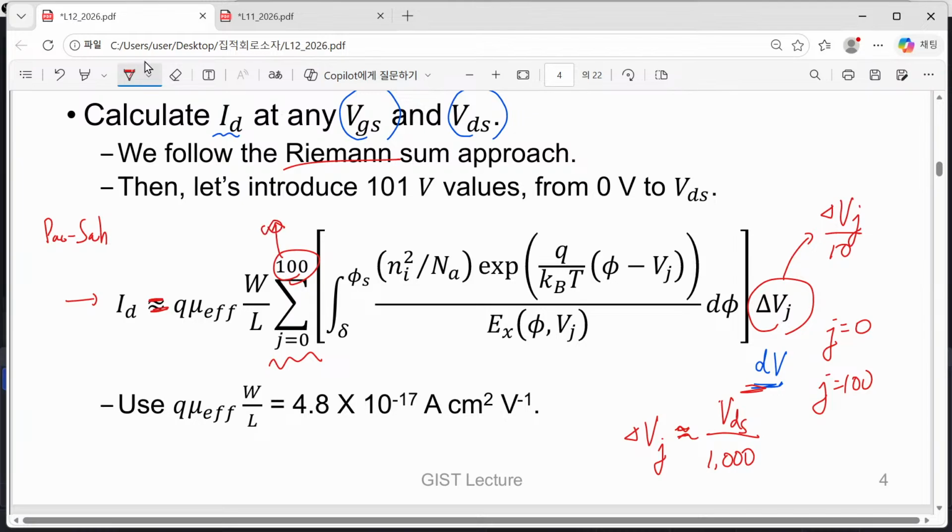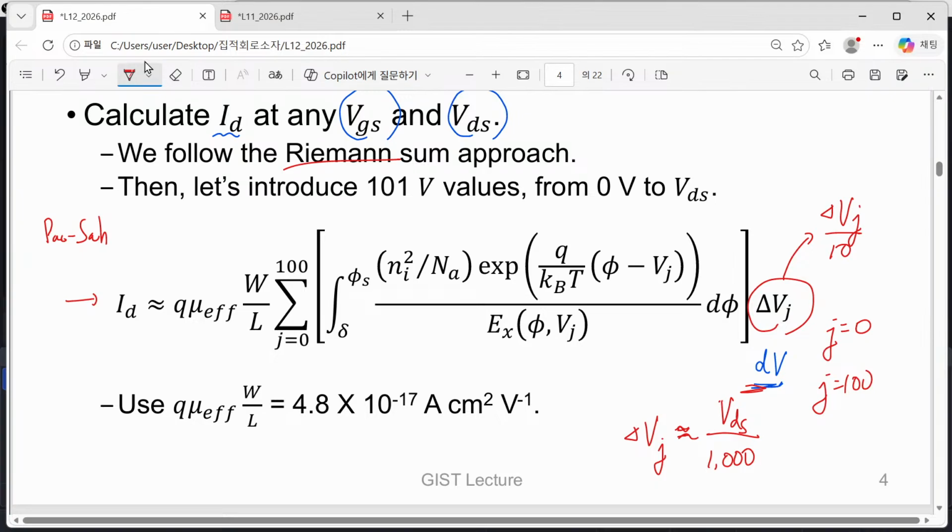If we introduce so many bins, then our summation will approach the exact integral result, but we do not pursue that kind of accuracy. So we just say that approximately 100 or 1000 bins is good enough for our calculation. Are you with me?